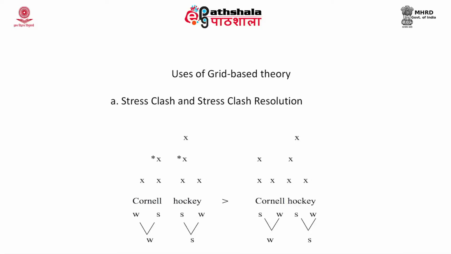Now the phenomenon of stress clash is explained thus. If there are 2 stresses at a given level of the grid, and those 2 stresses are also present at the lower grid, then we have an instance of stress clash.